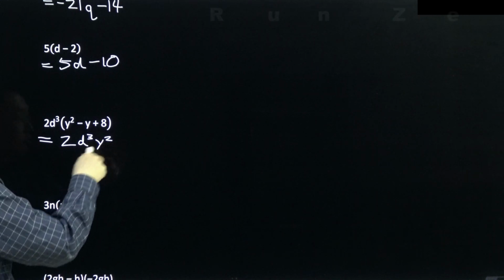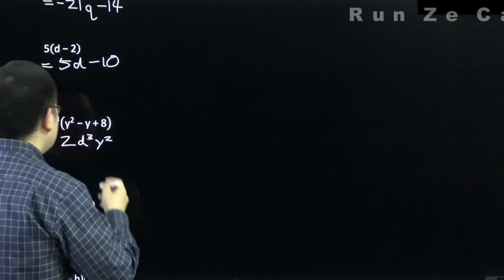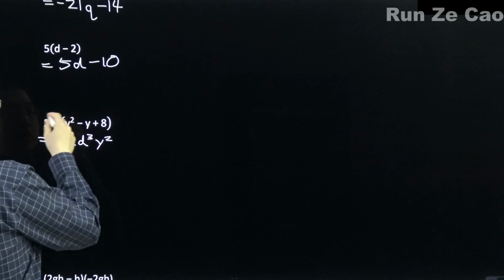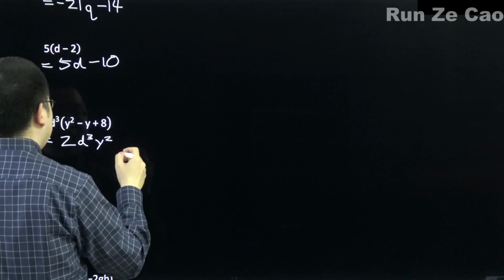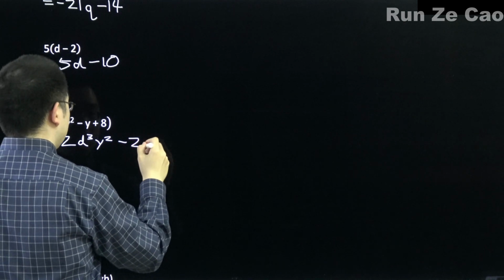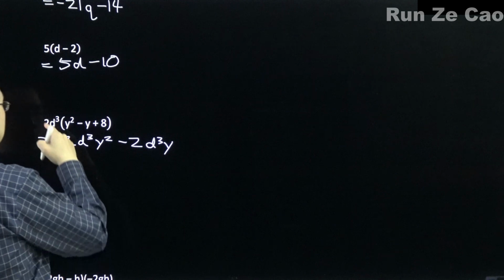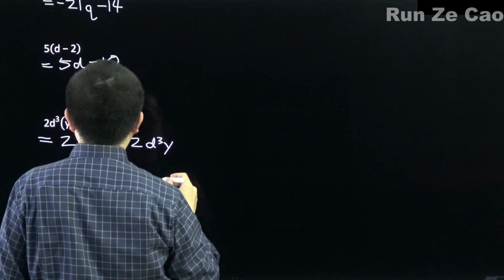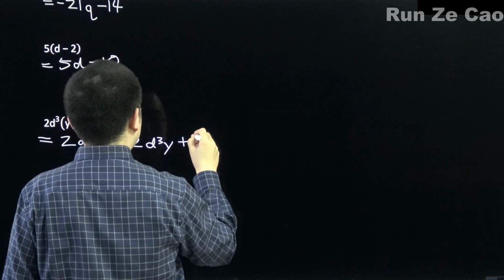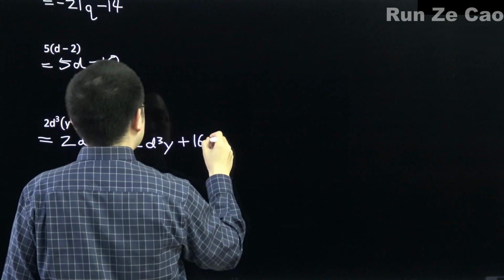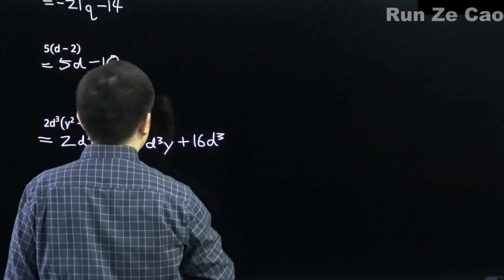Okay, like d comes before y, so there it is. Now, 2d to the third times negative y, well, that's negative 2 d to the third y. 2d to the third times plus 8, that's plus 16 d to the third.